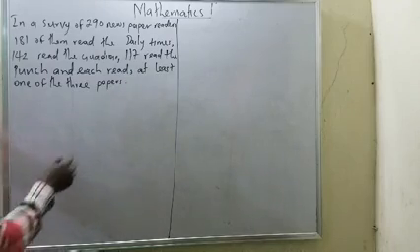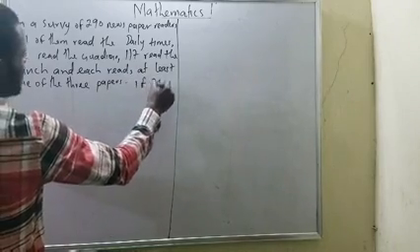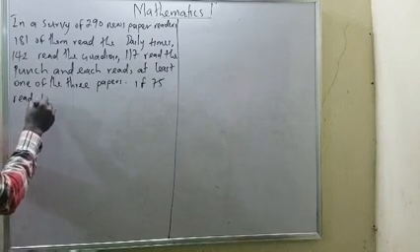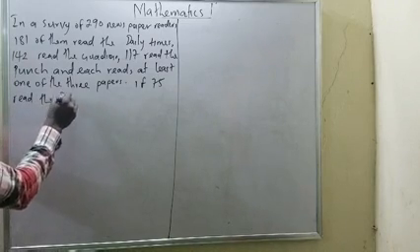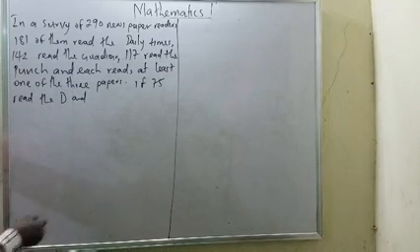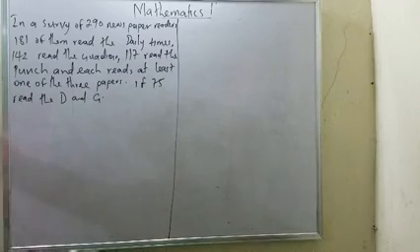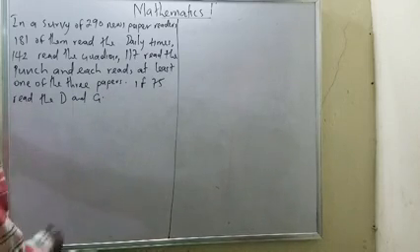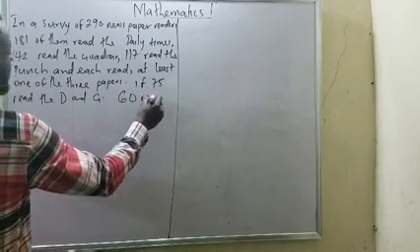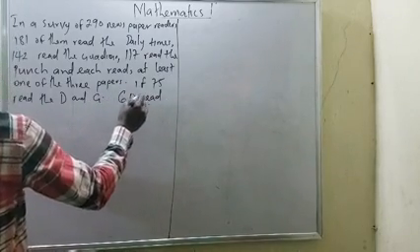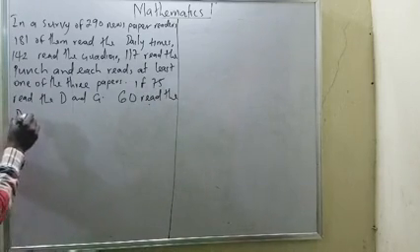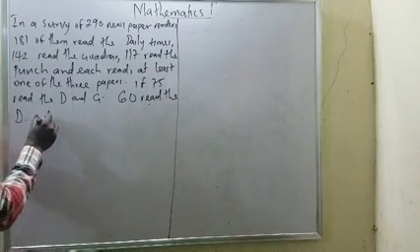Now, 75 reads the Daily Times and Guardian. Please keep this, because there's no time to be writing that. 60 reads the Daily Times and Punch.